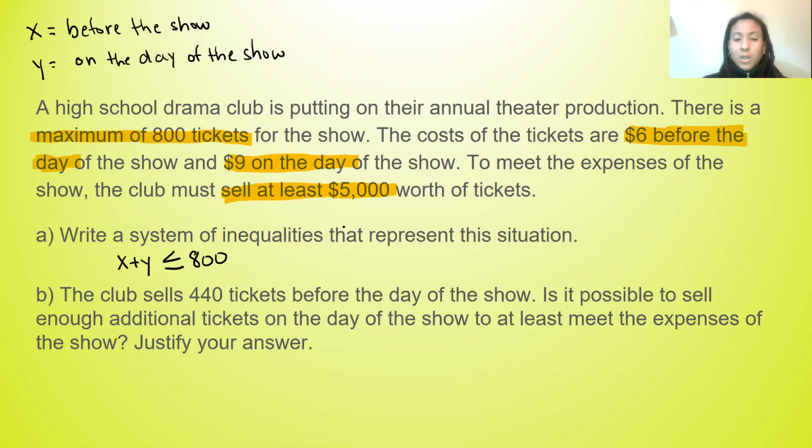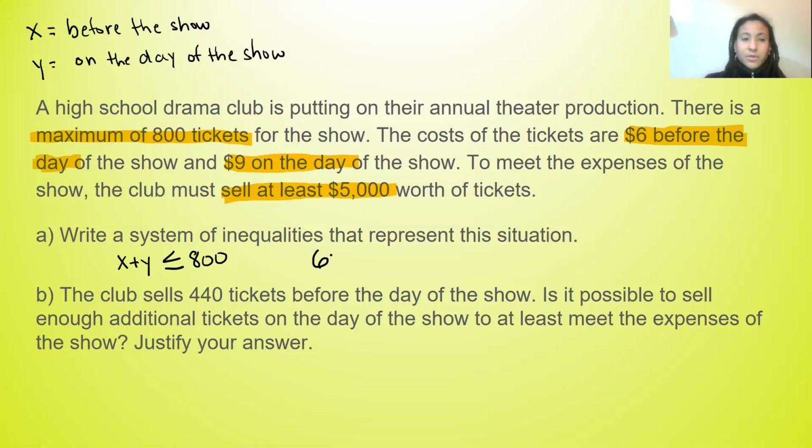Our second inequality is talking about we need to have at least $5,000 worth of tickets sold. So when we talk about money, I like to say money goes with money. So what talks about money here? $6 and $9. But once again, those words behind it mean something. So if I'm saying $6, what does $6 represent?